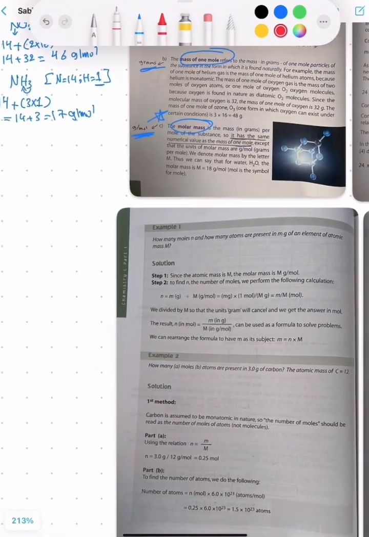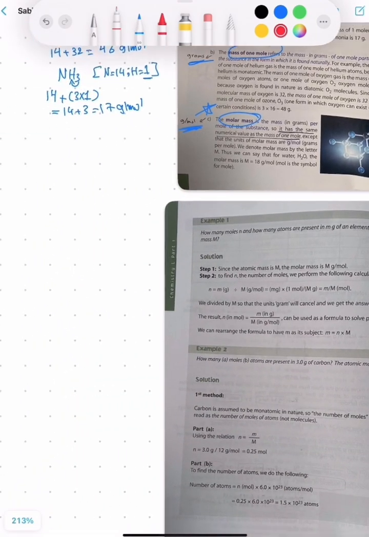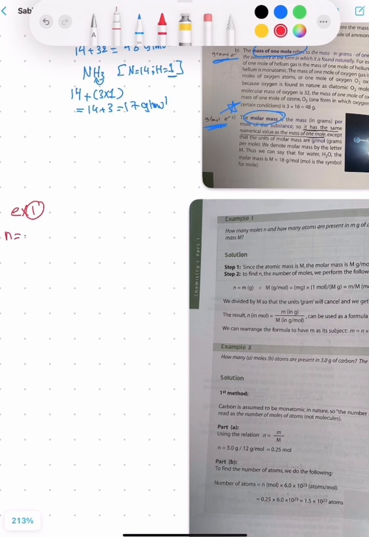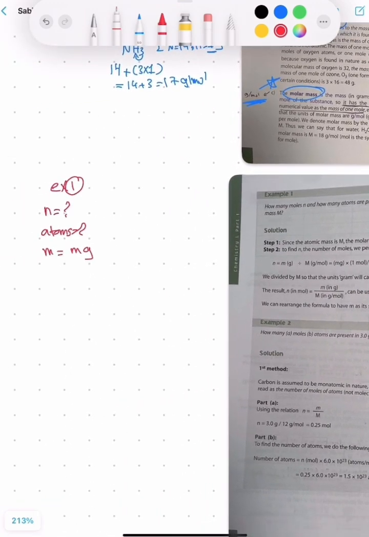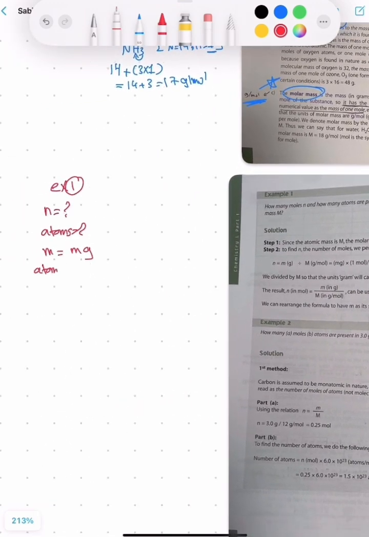Let's go to example number 1. How many moles? The number of moles is unknown. How many atoms? The number of atoms is unknown as well. Present in m grams, so we have the mass, it's m. So it's a variable. Of an element of an atomic mass or molar mass, which is M. Okay.